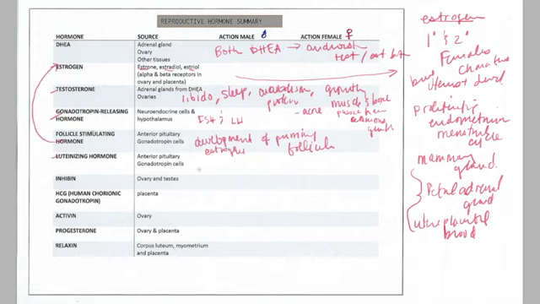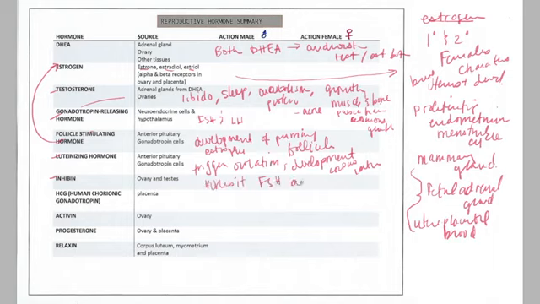Luteinizing hormone is going to trigger ovulation, and it is also responsible for the development of the corpus luteum, which we'll get into later. So inhibin in the female, what is this in charge of? Same thing. It inhibits FSH in the anterior pituitary, and that'll be important when we get into the menstrual cycle.